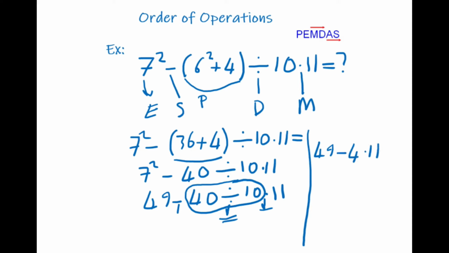And now we have here subtraction and multiplication. Of course, we need to multiply 4 by 11 first. So 49 minus, if you multiply 4 by 11, you're going to have 44. And if you subtract 44 from 49, you're going to have 5 as an answer.